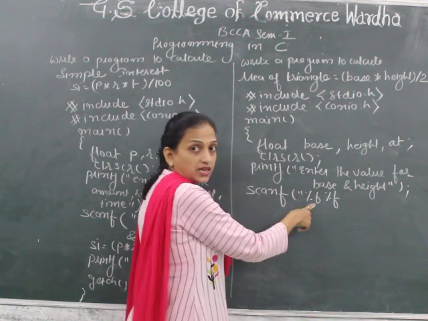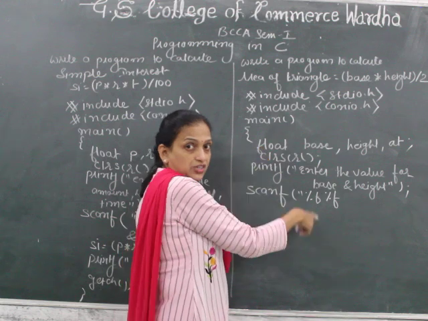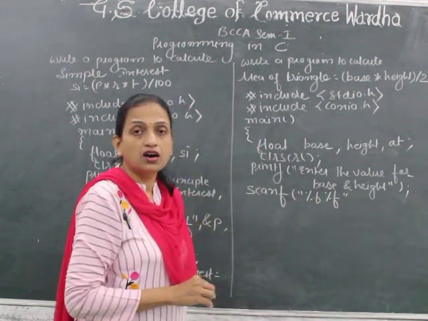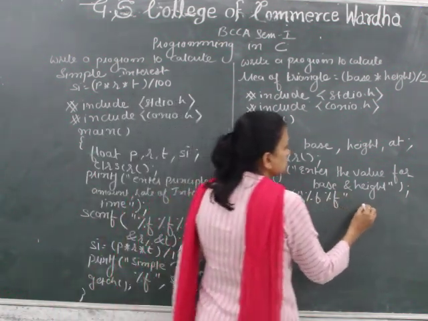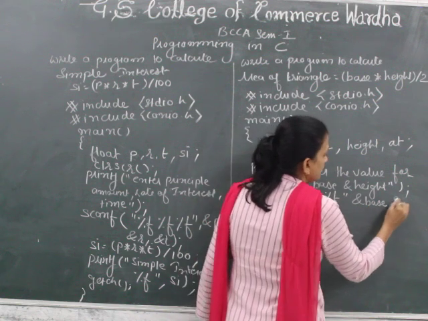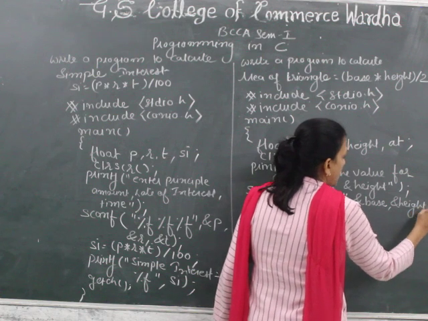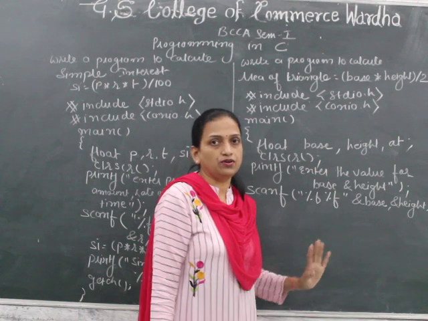So we are using %f as the control string, because whatever value we are reading is of float type. So the first value is stored in variable base and the second value in variable height. Close bracket and semicolon.